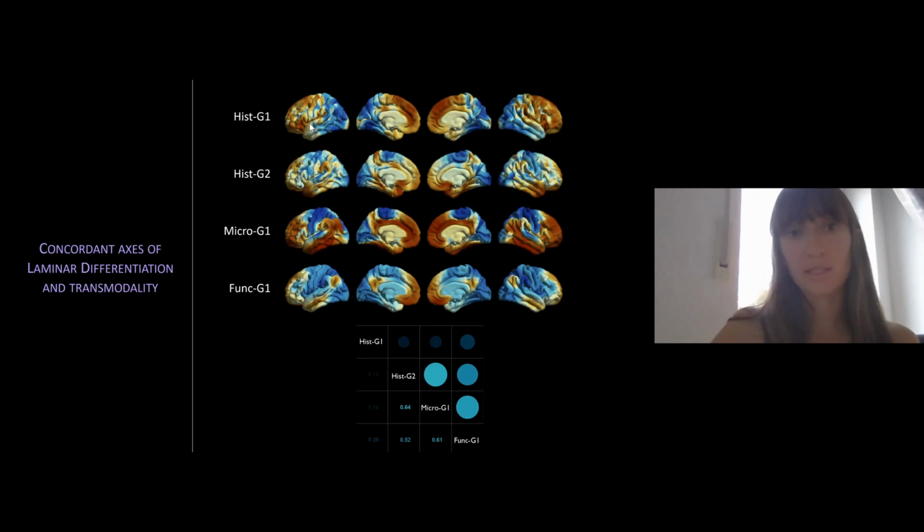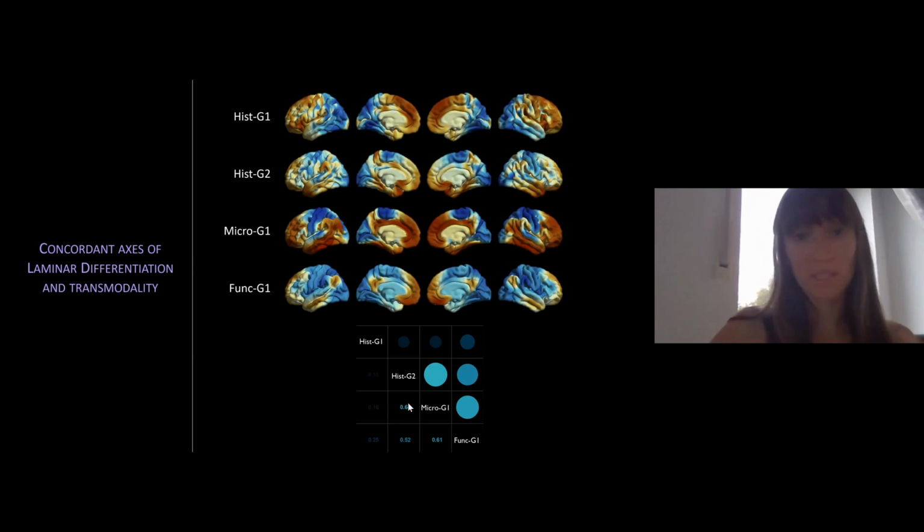And what we find is this anterior-posterior axis is not so related to the others, but we find a very similar correlation. Here you see the rho values, it's a Spearman correlation, and the size of the circle is just trying to give you a quicker view of the strength of the correlation. But you see that this second cytoarchitectural axis is closely aligned to the microstructural axis from in vivo imaging.